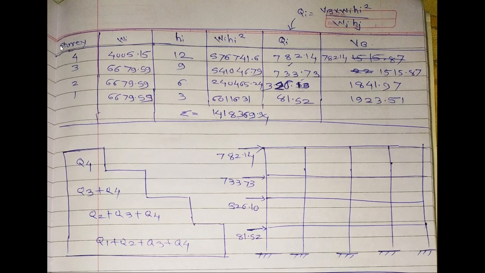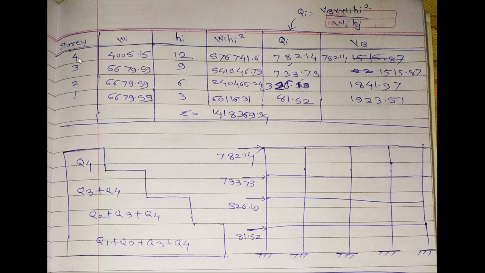Let's see the next step. We have to make one table in that: story number, WI, that means corresponding weight, height, multiplication of these two, square of this, QI and VB. QI will be calculated as VB into WI HI square divided by sum of WJ HJ square.